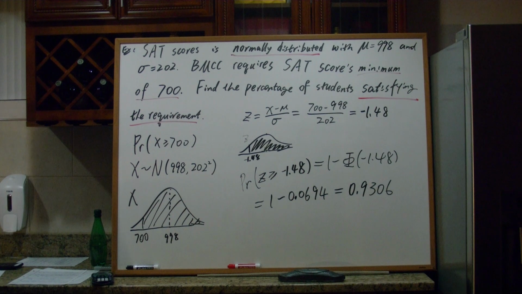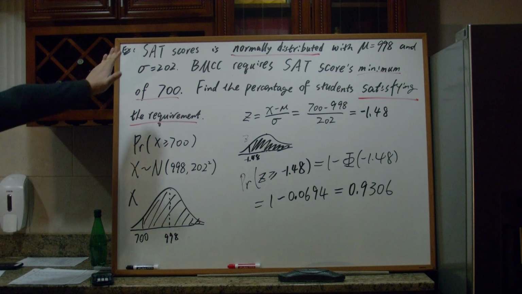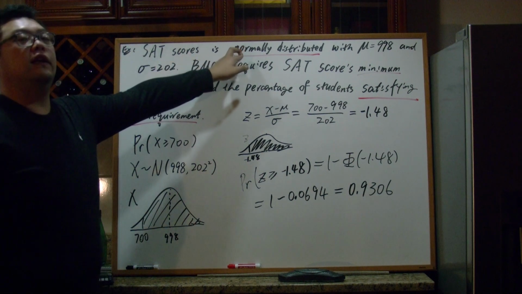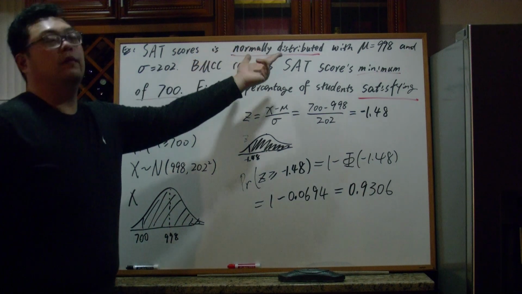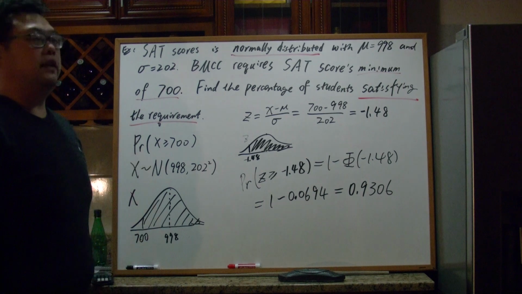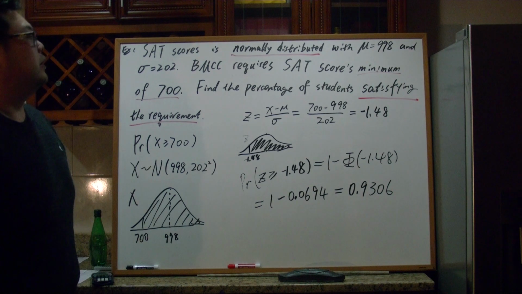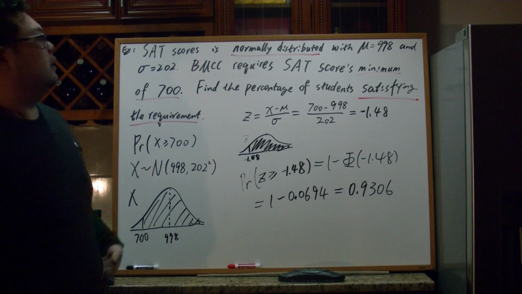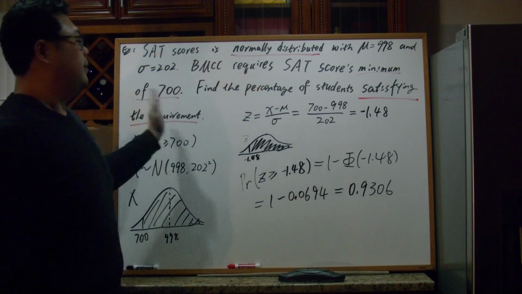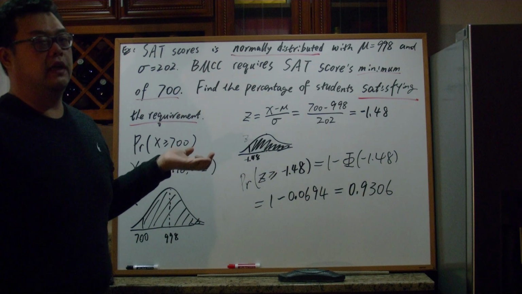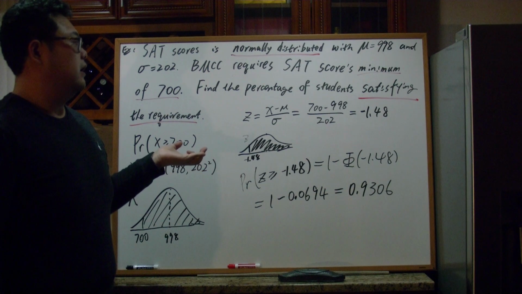We'll see more examples later on, but the most important thing is the question has to tell us some random variable is normally distributed or follows a normal distribution, provide us the mean and standard deviation, and then maybe ask us for other things.